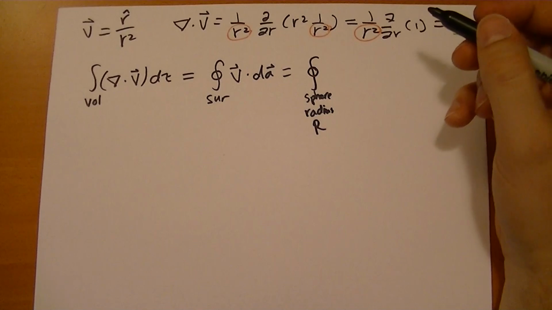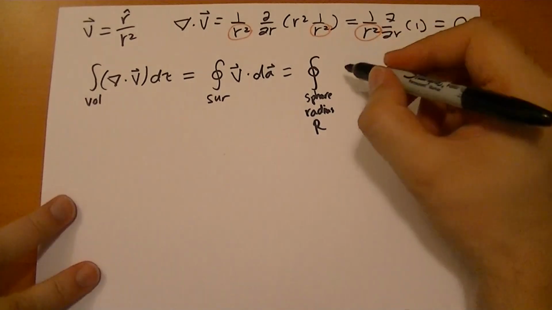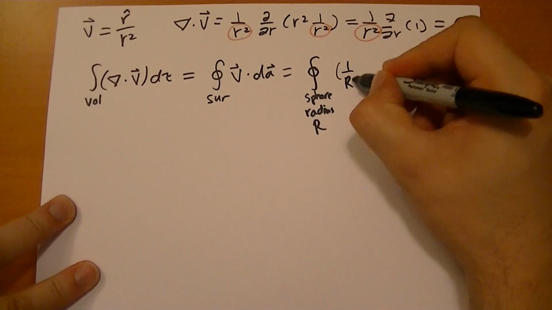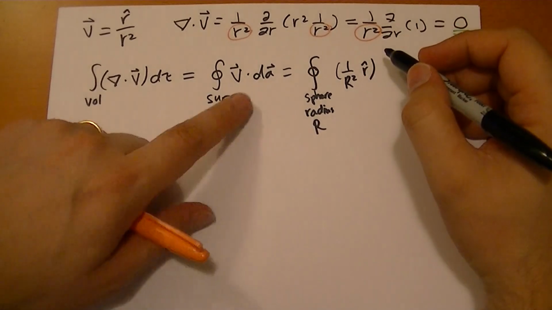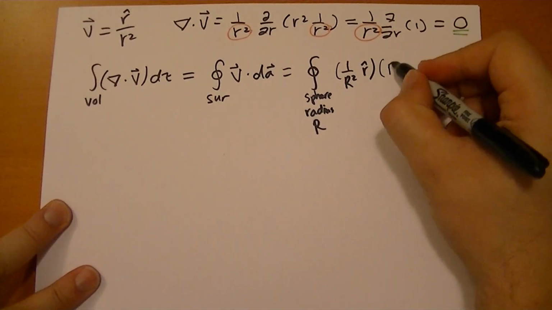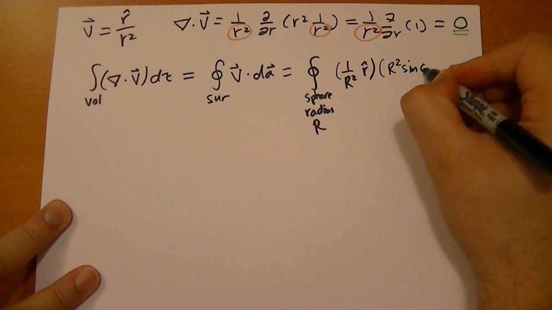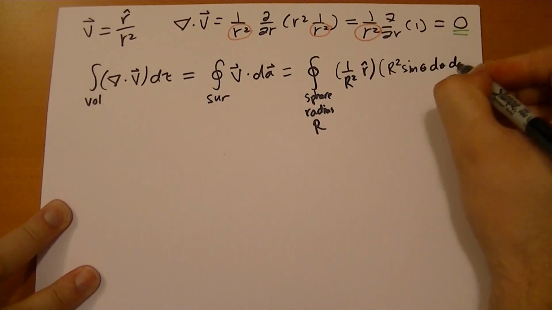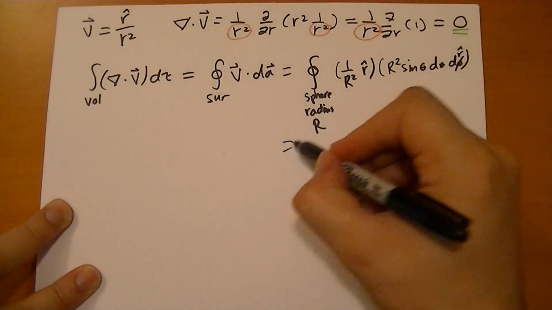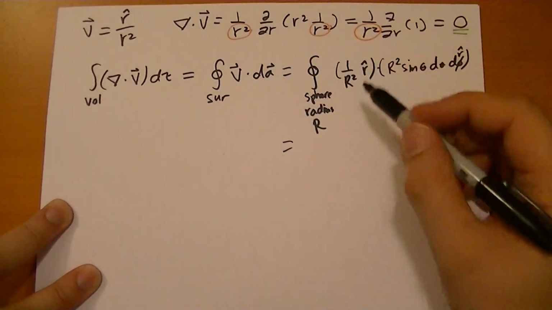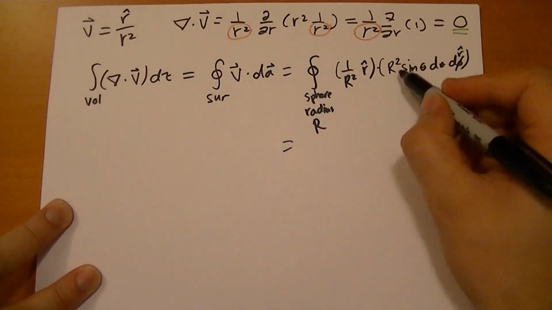Okay, so the vector is 1 over r squared, r hat, okay? And this dA component is r squared sine theta d theta d phi in the r hat direction, okay? So for the dot product of those two, we just multiply the two components together.